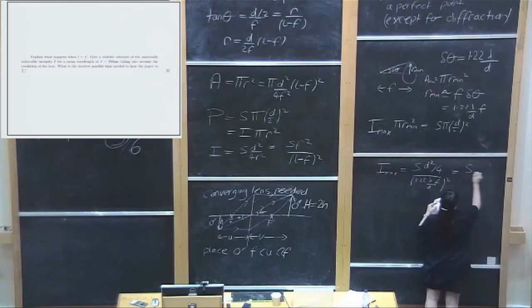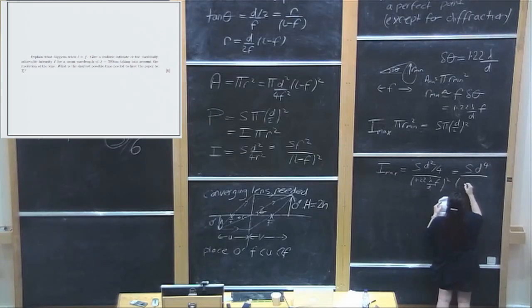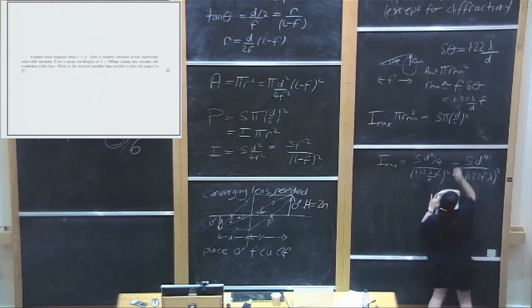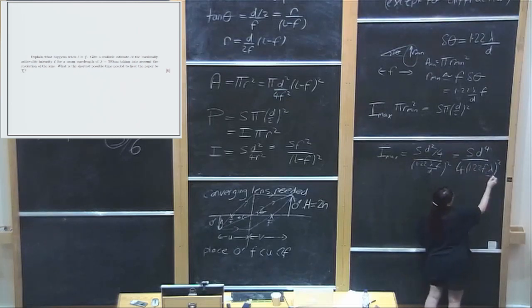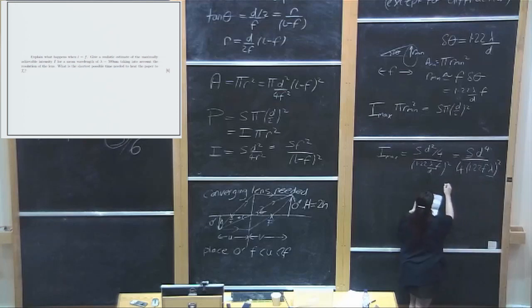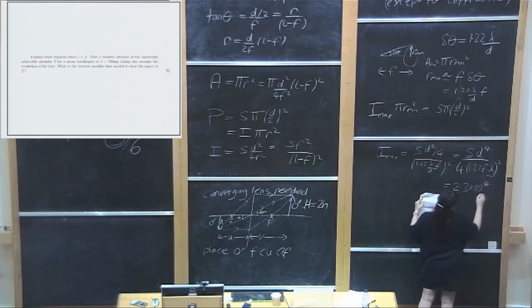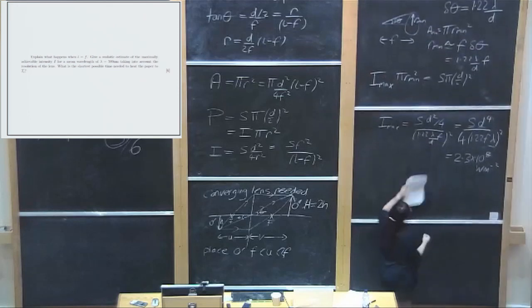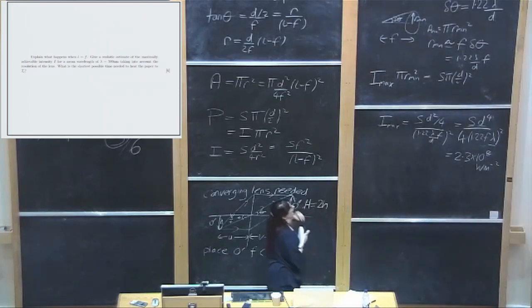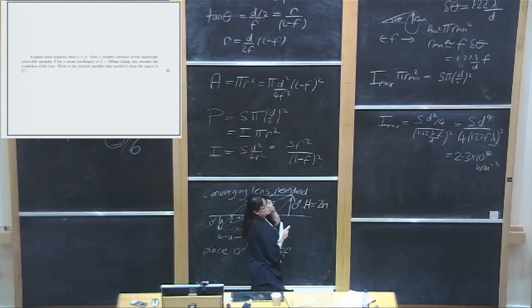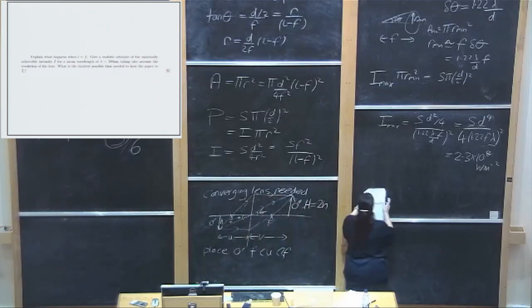So I've got S d to the 4, 4 on the bottom, 1.22 f lambda squared. Right, now you have all these numbers, you've got f, you've got a lambda, you've got d, you've got s. And so what that becomes is that. Okay, so that is our actual realistic, pretty large, but it's not infinity. So that's our maximum achievable intensity.